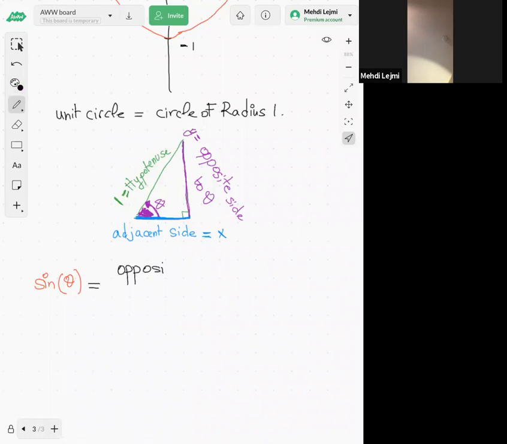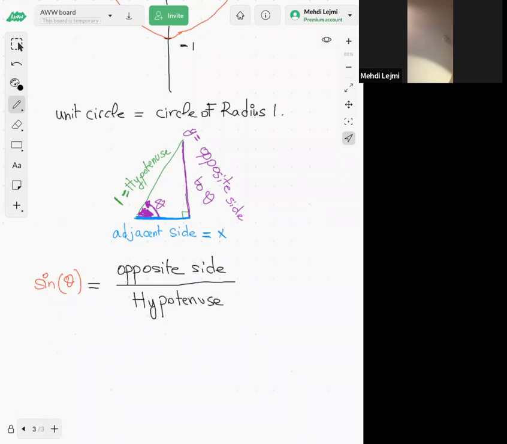So this is the definition of sine of an angle. So again, guys, just be careful. It's not sine times theta. It's sine of the angle theta. So that's the opposite side over the hypotenuse.